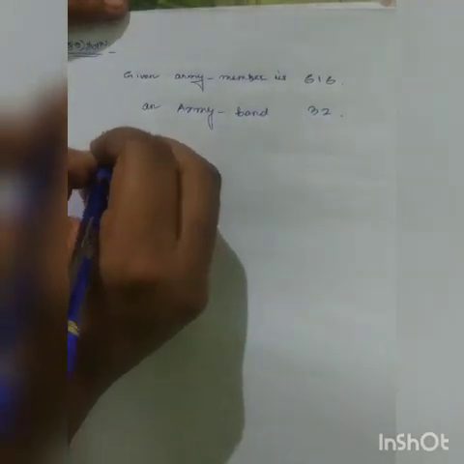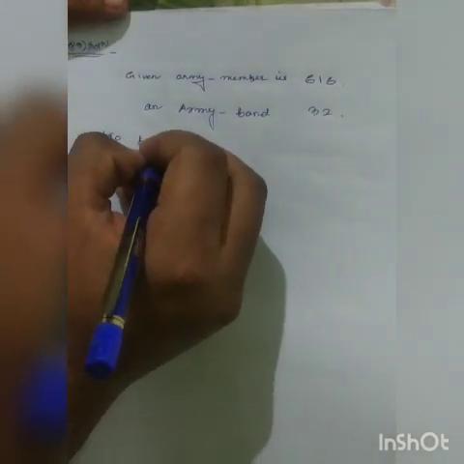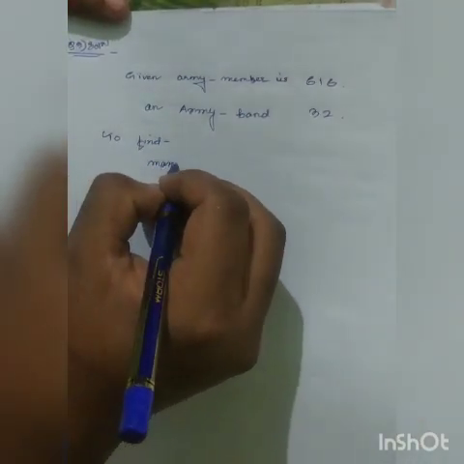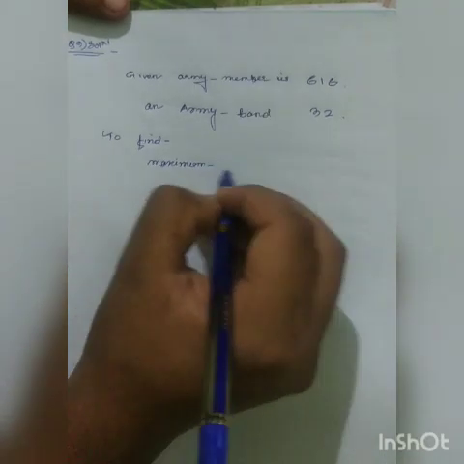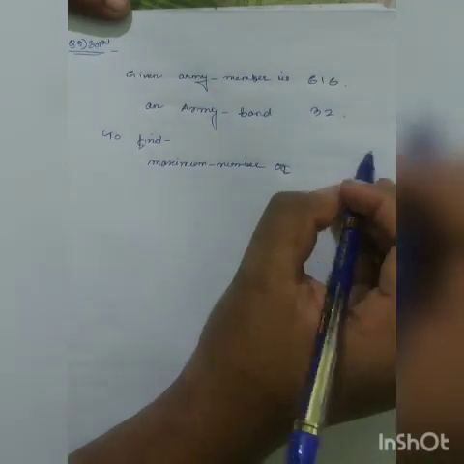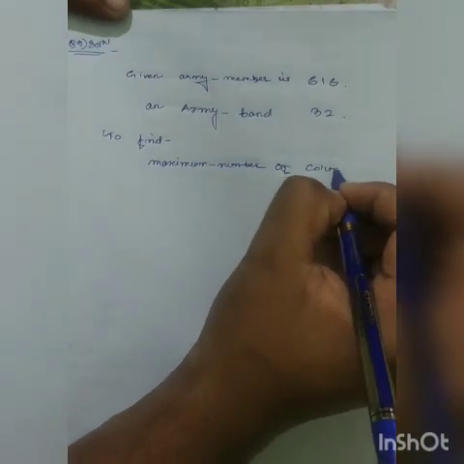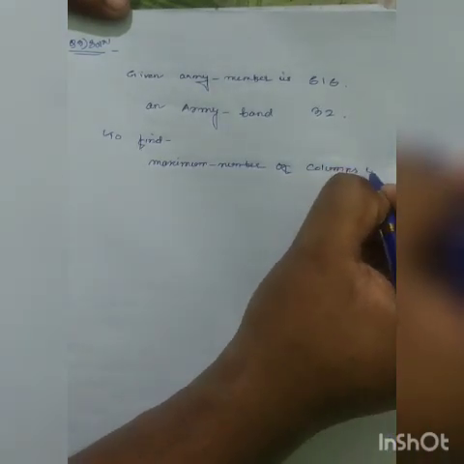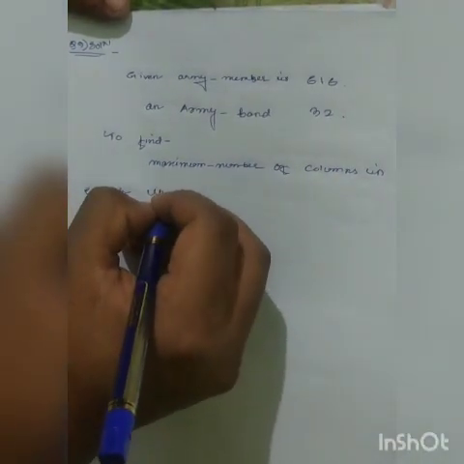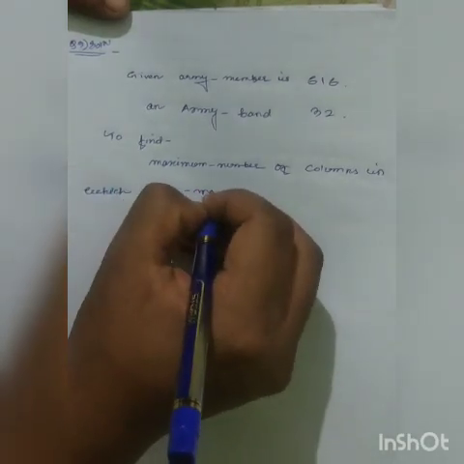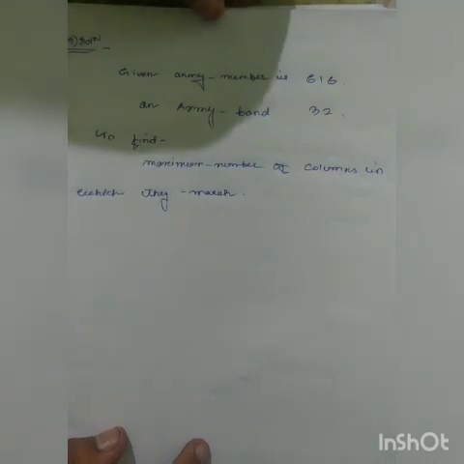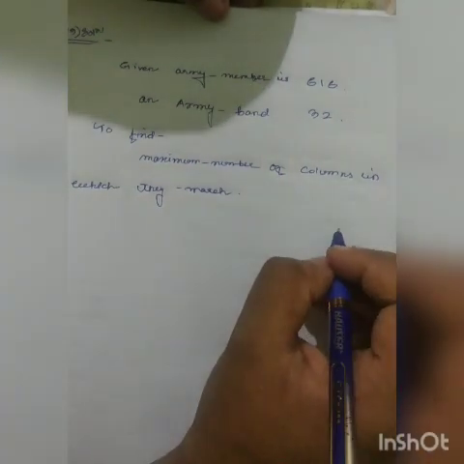So to find the maximum number of columns in which they march, we have to divide the larger number by the smaller number.